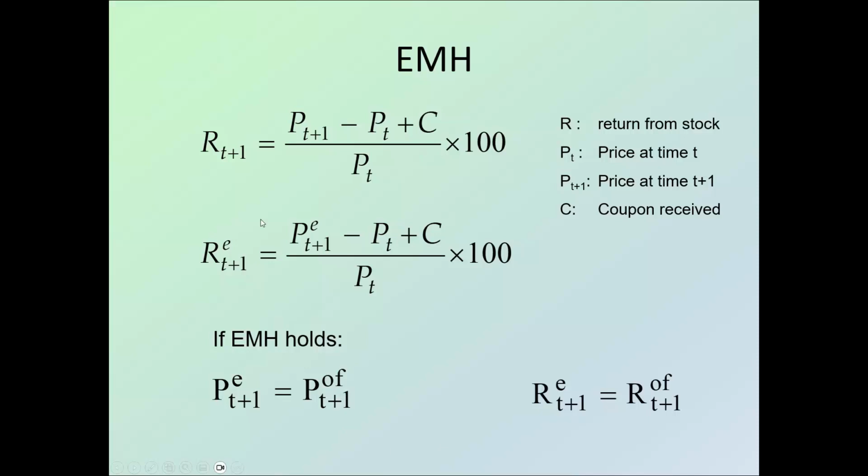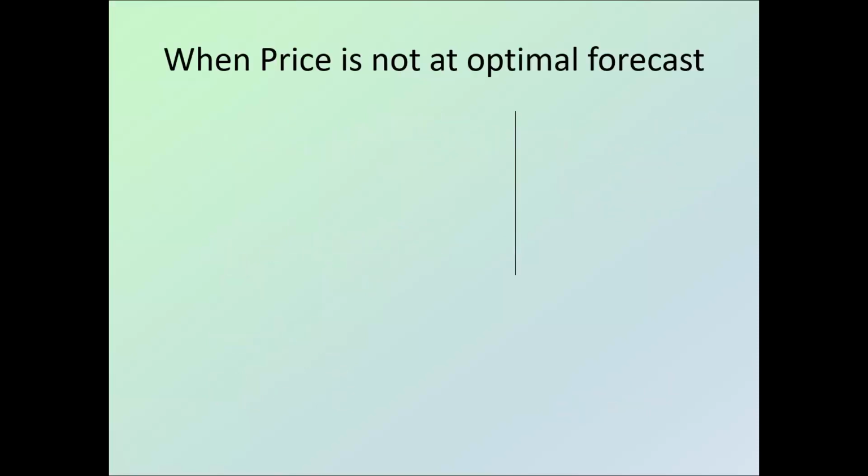In other words, because these two expected and optimal prices at t plus 1 are the same as each other, and P_t and C are known, these two returns should be equal. So the expected return at time t plus 1 and the optimal forecast return at time t plus 1 should be the same if the efficient markets hypothesis holds.